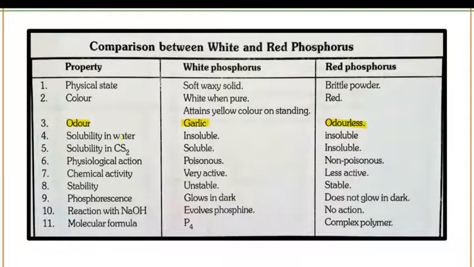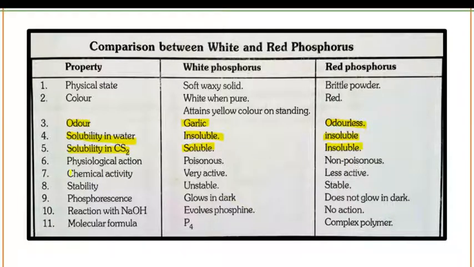In water, white phosphorus is insoluble, while red phosphorus is also insoluble. So this is the most common property of white phosphorus and red phosphorus. Solubility in CS2: white phosphorus is soluble, while red phosphorus is insoluble. Physiological action: white phosphorus is poisonous and red phosphorus is non-poisonous.